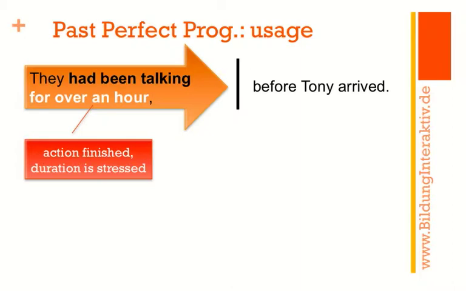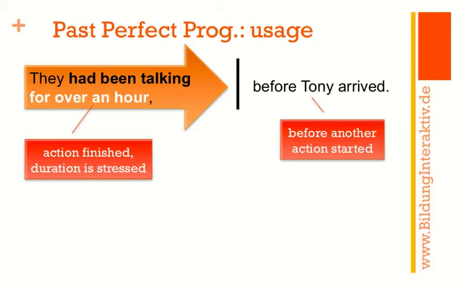And when a duration is stressed, which means that when we say how long something has lasted, then we actually use the ing form. So in this case, they had been talking for over an hour, and then Tony arrived. This is another action that started, and this action is in the past tense.